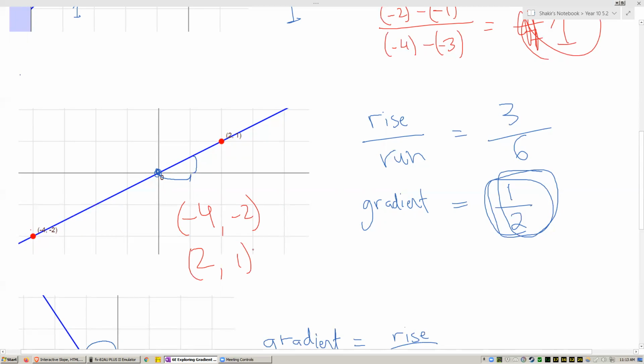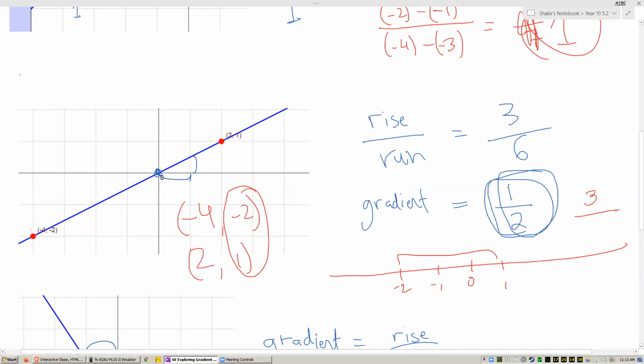The change in y from -2 to 1. What is the change between -2 and 1? If you had a number line, that's 0, that's 1, that's -1, and that's -2. The difference between -2 and 1 is obviously 3. 3 over change in x.